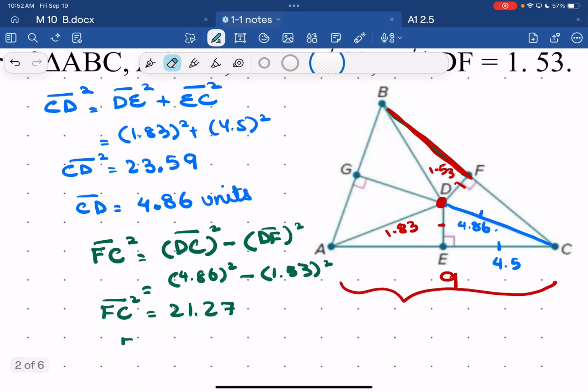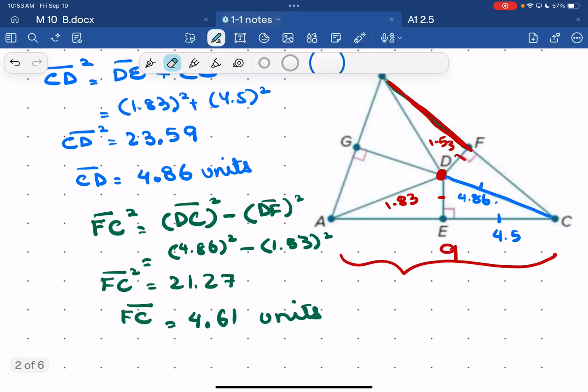In other words, FC is equal to 4.61 units, right? So now we have FC.